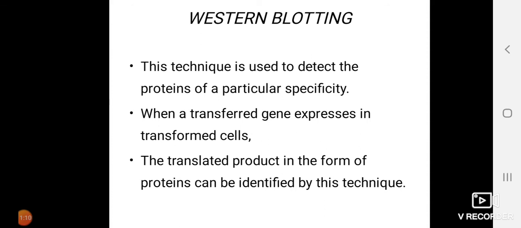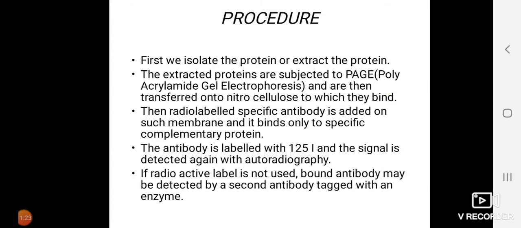So people subject that particular cell to expressing the gene, and then the recombinant DNA which is expressed in the form of a protein is going to be studied by using Western blotting. So it's mainly used in the study of gene expression. That is a major application of the Western blotting. Even people also use it for identification, and qualitative and quantitative determinations.